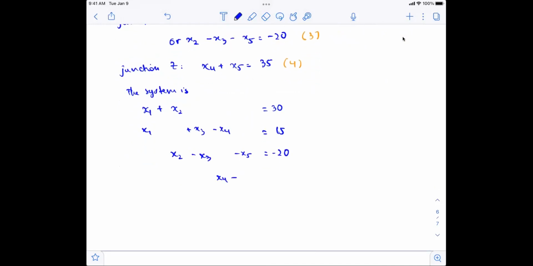And x4 plus x5 equal to 35. So there are 1, 2, 3, 4 equations, but 5 unknowns. So we know that there's going to be infinitely many solutions for the case of the system.